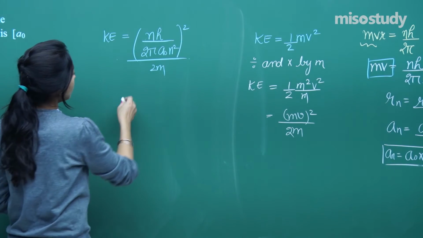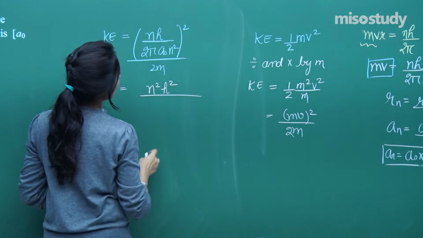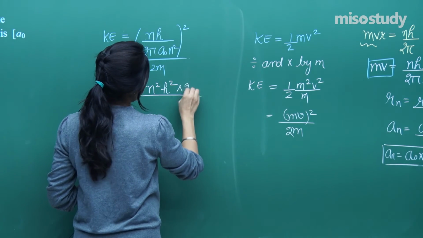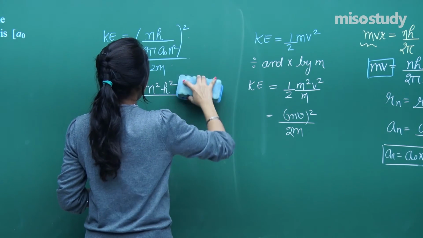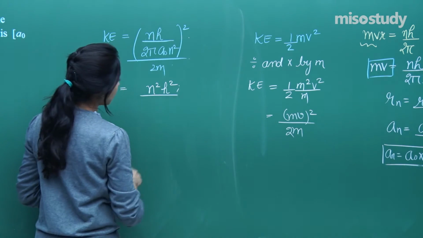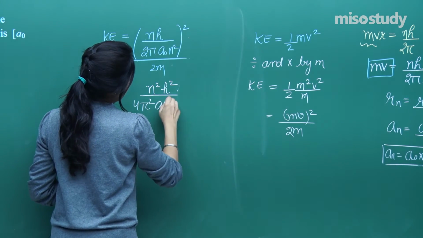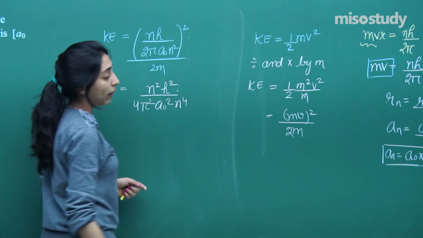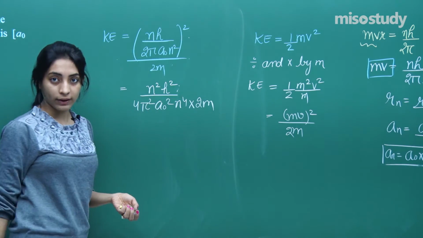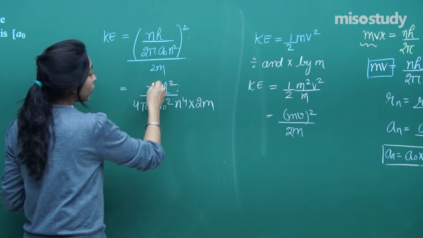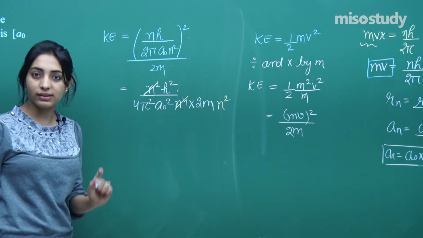Now moving further, n square h square divided by 4 pi square a naught square n raised to the power 4 multiplied by 2m. Fine? If I ask you to solve it further, n square and n raised to the power 4 get cancelled and you will get n square.